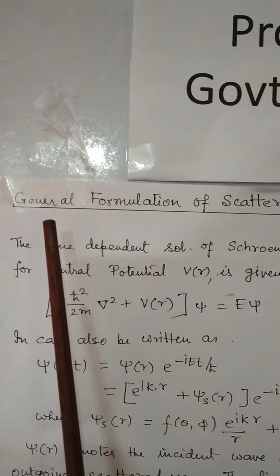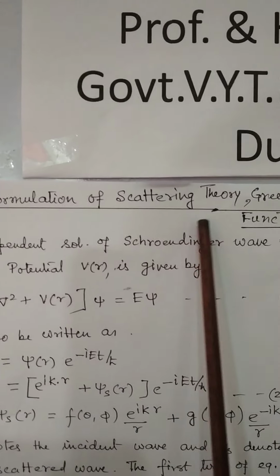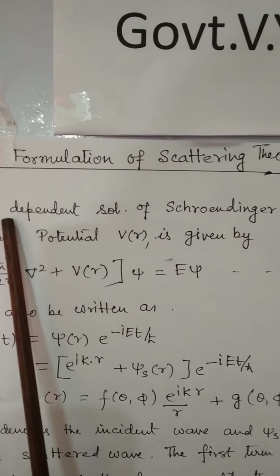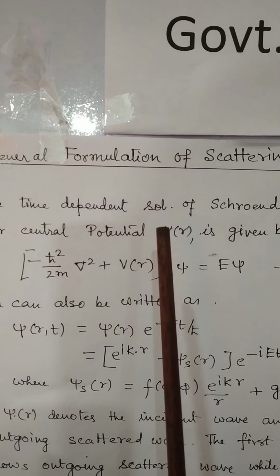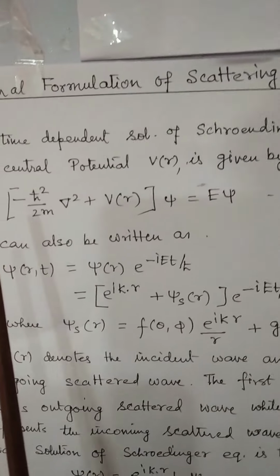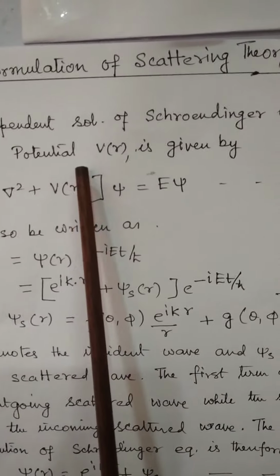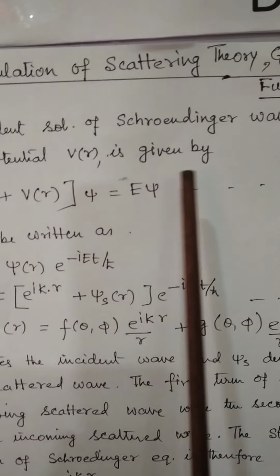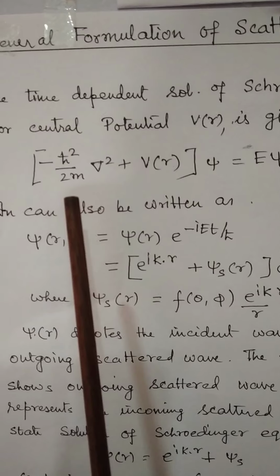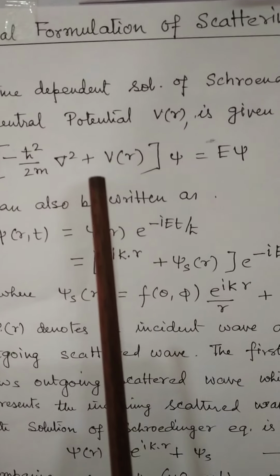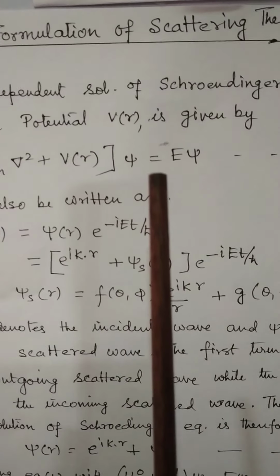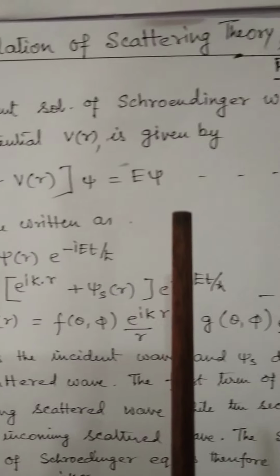Now let us start with the topic, general formulation of scattering theory. The time independent solution of Schrödinger wave equation for central potential V(r) is given by [-ħ²/2m ∇² + V(r)]ψ = Eψ.